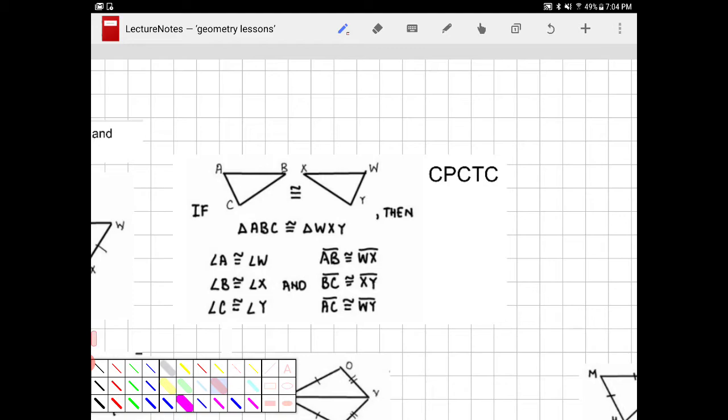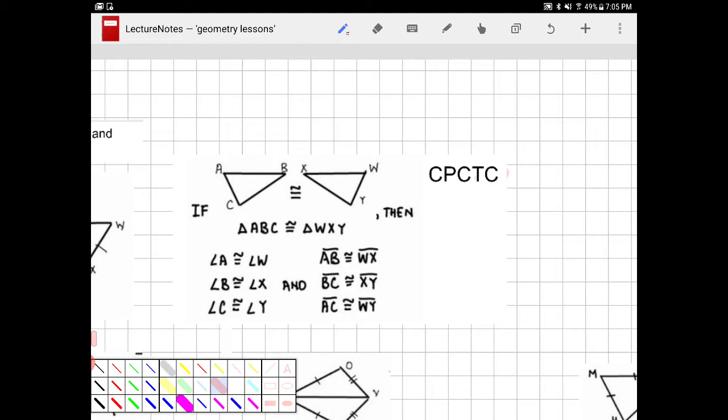I will say that one more time. Corresponding parts of congruent triangles are congruent. Where do you see that on the screen? Well, it's this thing here. That's what CPCTC stands for.